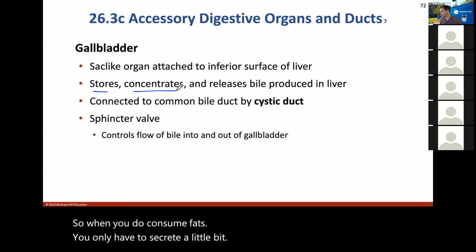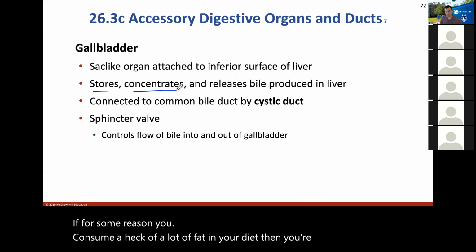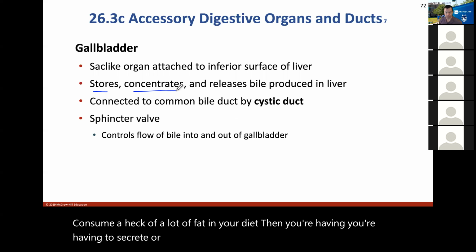If for some reason you consume a heck of a lot of fat in your diet, then you're having to release a lot of bile to break down that fat, and you don't sufficiently concentrate it.